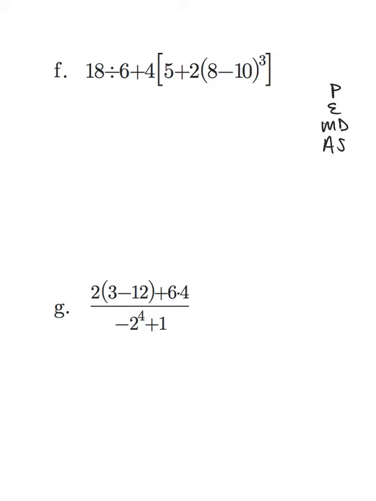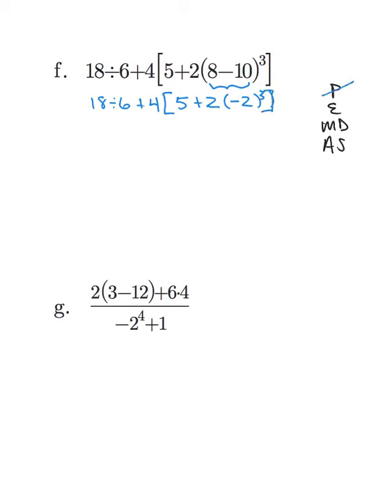So I'm going to subtract 8 minus 2, combine 8 and negative 10, and I'm going to bring down everything else. So we have 18 divided by 6 plus 4, square bracket, 5 plus 2, we said 8 and negative 10 combined to negative 2 cubed.